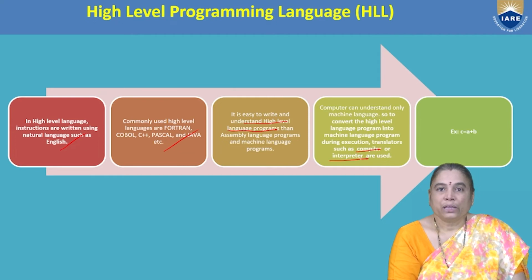By using the compiler and interpreter, the high-level language code can be converted into machine language. The compiler converts the whole program at a time, but the interpreter converts line by line. These are the software tools used for the same purpose, that is, conversion of high-level language code to machine-level language code.